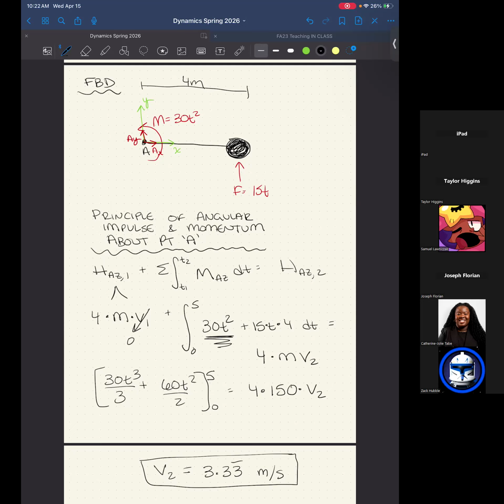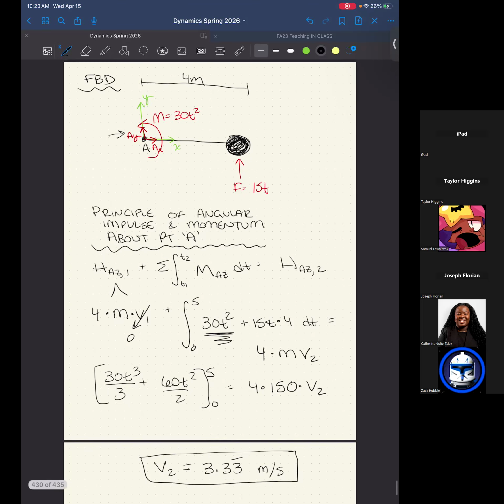But what about this reaction AX and AY? Well, I'm only looking at the car. But these are applied to the car through the massless beam.